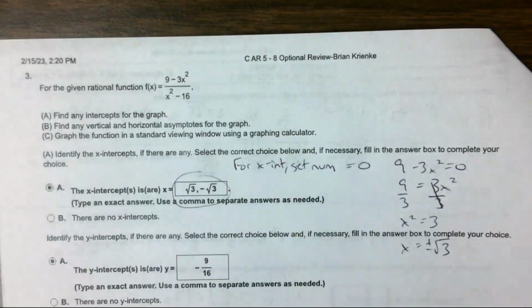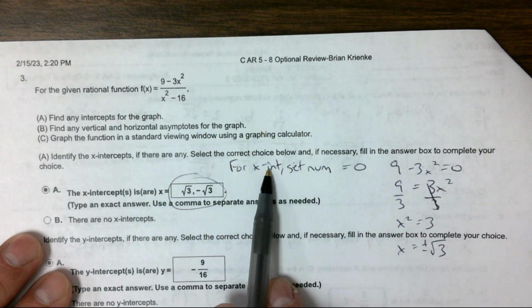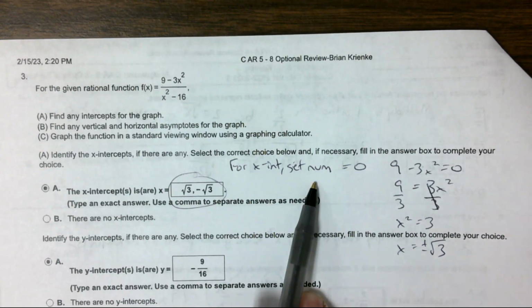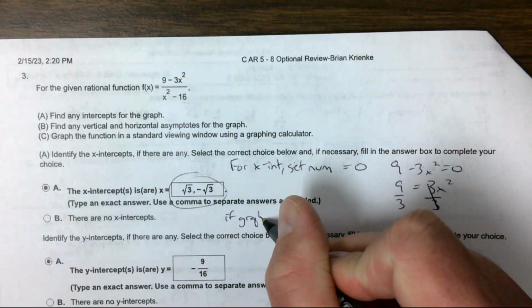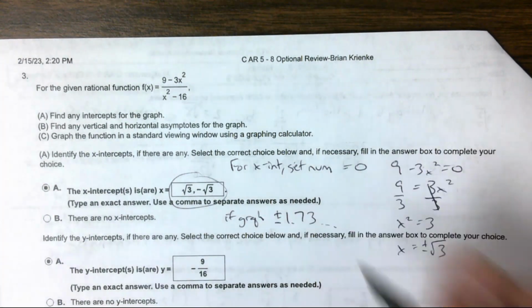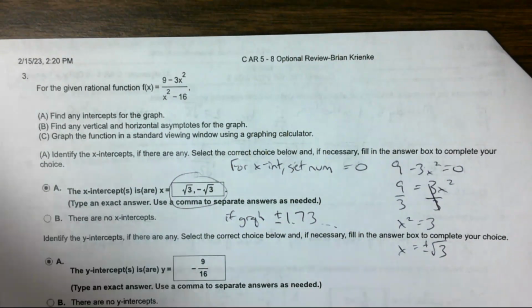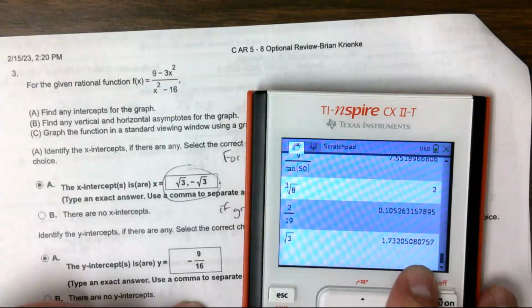So basically, the important part is for your x-intercepts, set your numerator equal to 0. Because if you graph it, on this one you'd get plus and minus 1.73 something. And then you'd have to say square root of 3 as a decimal is 1.73.